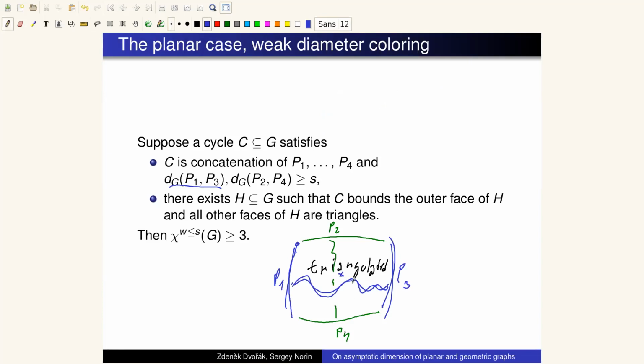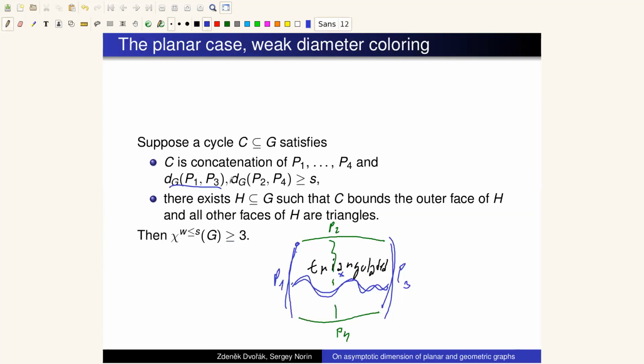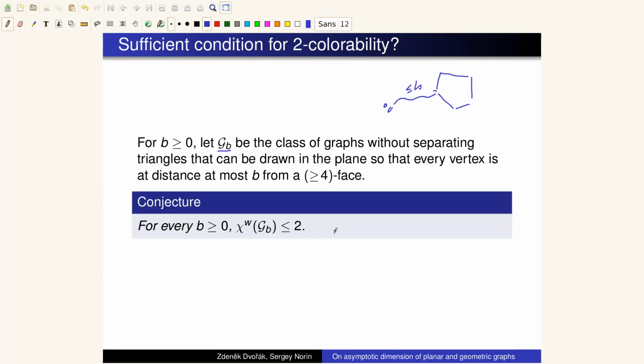If we look at a vertex in the middle of this triangulated thing, it will be far from a non-triangular face. Let's also assume that there are no separating triangles. It could be that inside I have such a triangulated thing, and then inside each triangle I add another planar graph which contains a fourth face, and it obviously doesn't help. Our conjecture is that this class of graphs has weak diameter coloring by two colors.